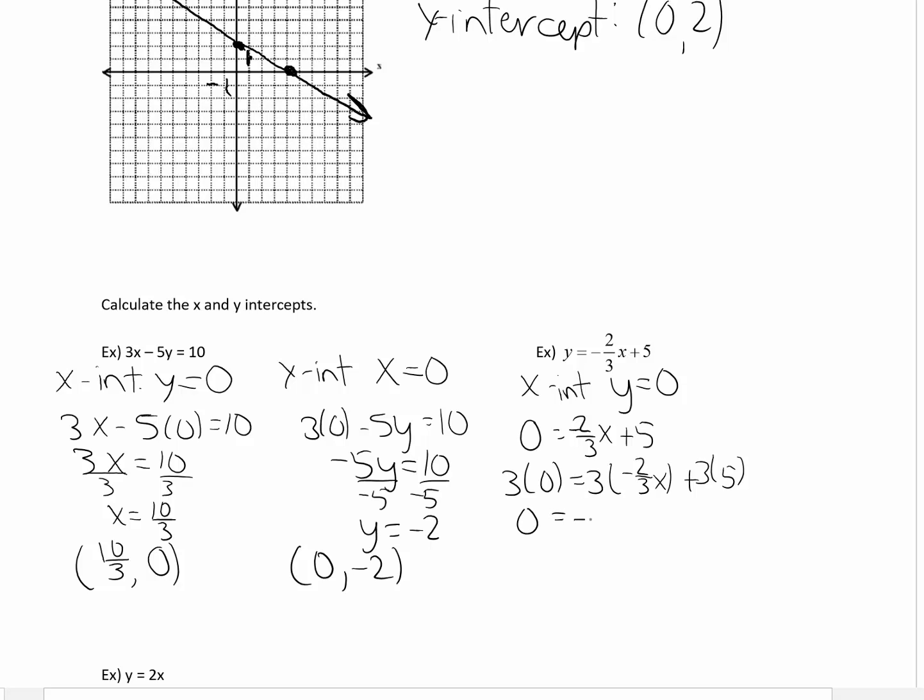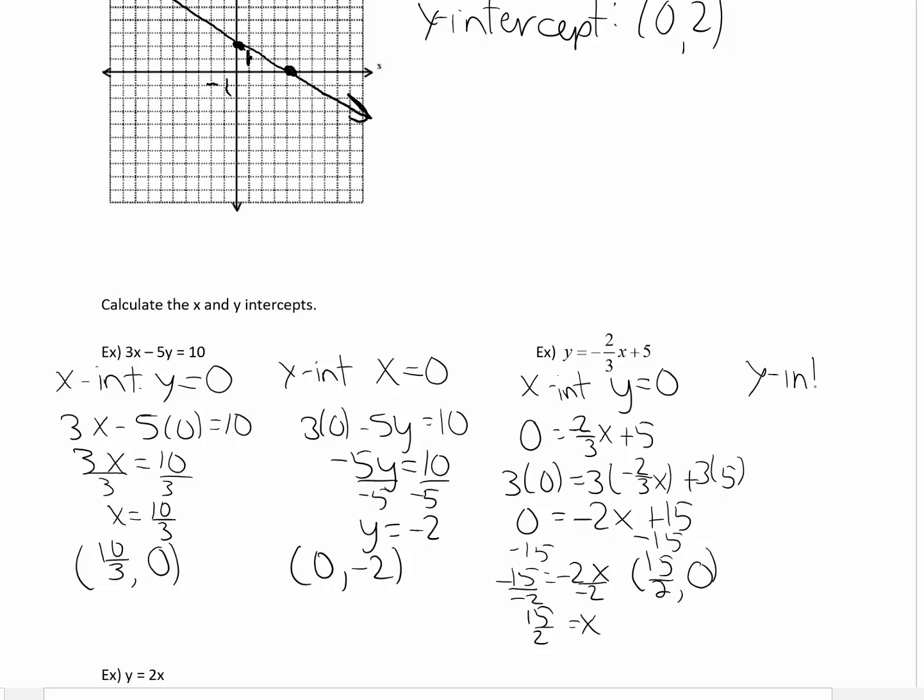Threes divide out here. I'm left with negative 2x. Subtract the 15. And divide by negative 2. So as an ordered pair, this is (15/2, 0), or if you'd like to put 7 and 1/2, that's fine.